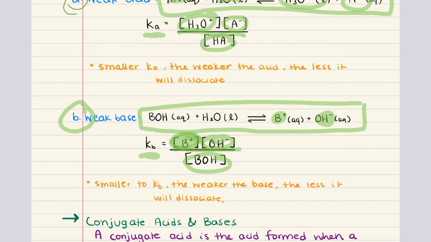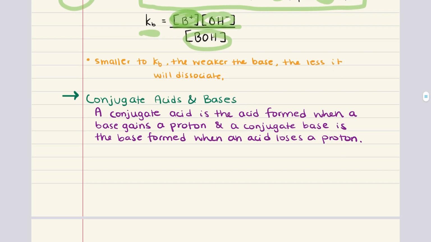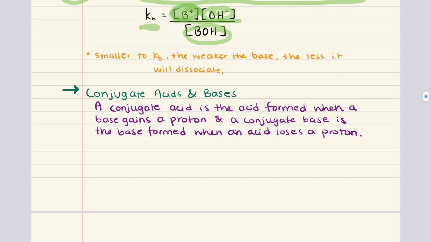Now that we have a solid understanding of weak acids and bases, including their partial dissociation and the equilibrium constants, Ka and Kb, we can naturally transition into the concept of conjugate acid-base pairs. This concept is closely linked to the behavior of weak acids and bases in aqueous solutions.